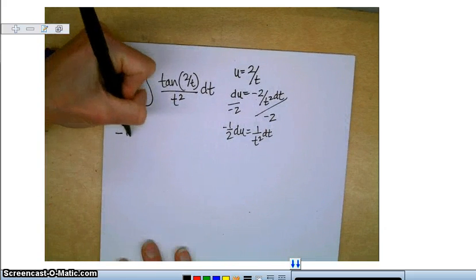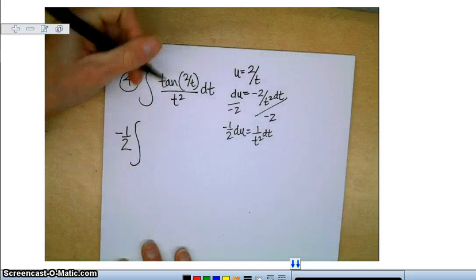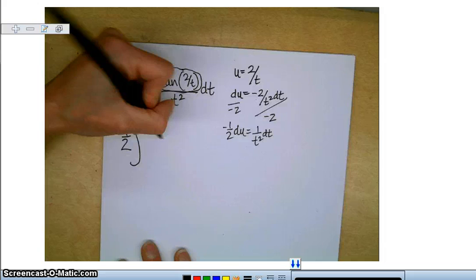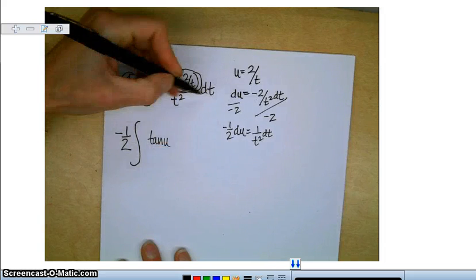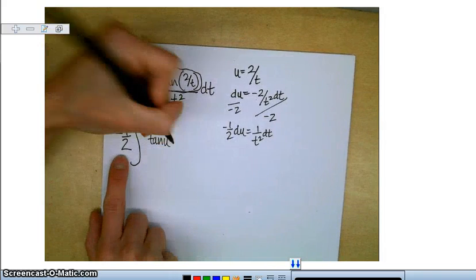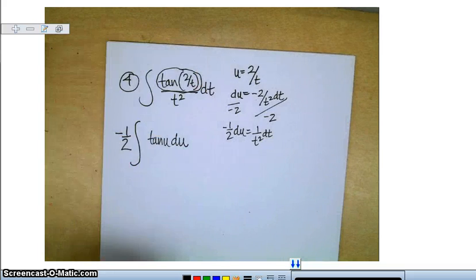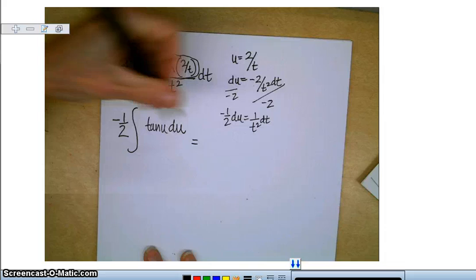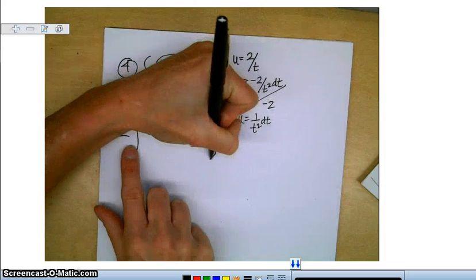So out front I'm going to have a negative 1/2 integral of, this part becomes what? Tangent of u. And the rest of it becomes, including that, the du. So now, do you have a rule, a formula for the antiderivative of tangent of u? Yes, and that will have a negative 1/2 in front of it.